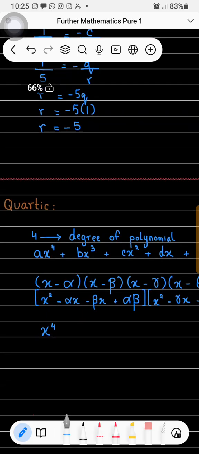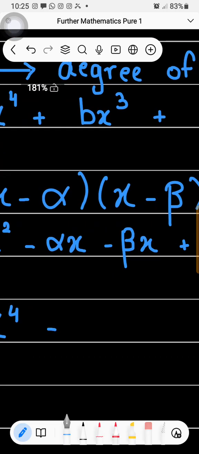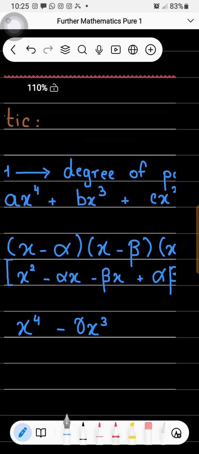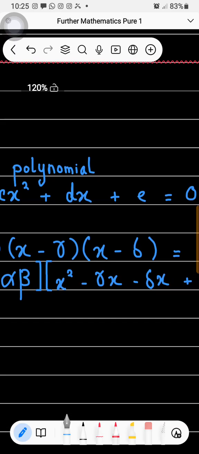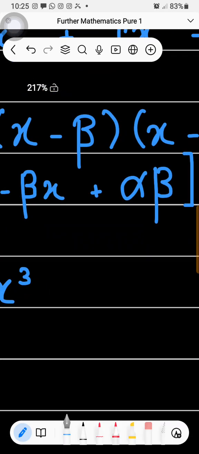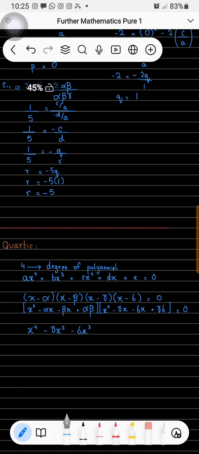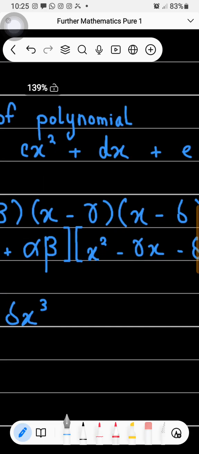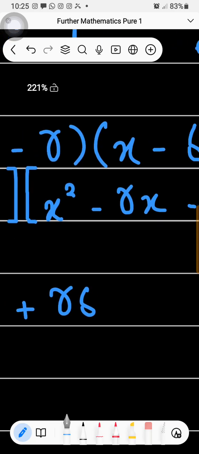Then x square multiplied by minus gamma x becomes minus gamma x cube. Then x square with minus delta x becomes minus delta x cube. Then x square with gamma delta becomes plus gamma delta x square.